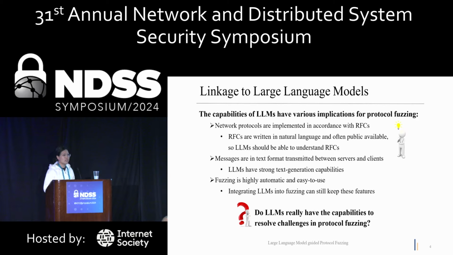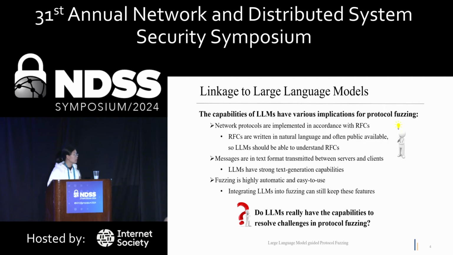The last reason is that fuzzing is often highly automatic and easy to use. When using large language models, we just need to provide a prompt and then we get the expected response.